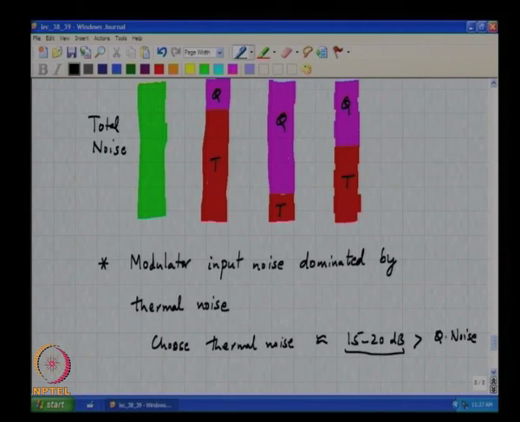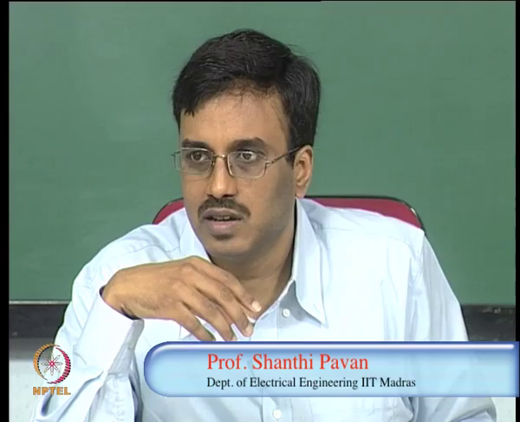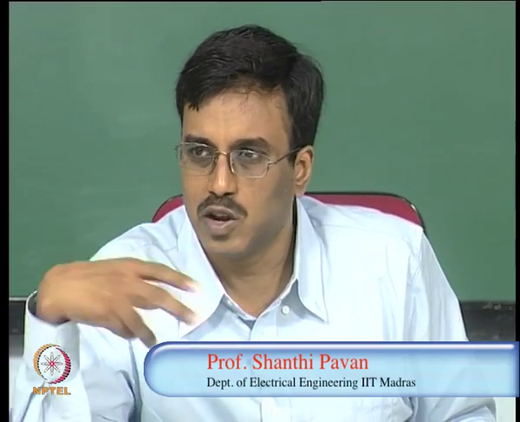This has other benefits in the sense that the input to the quantizer now also has a random component due to thermal noise. So, the quantization error also becomes less periodic because of this random thermal noise that the device adds.